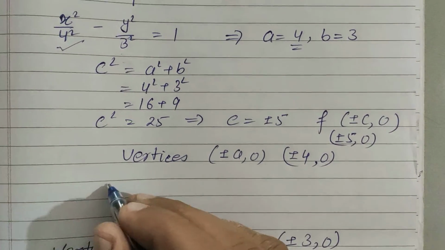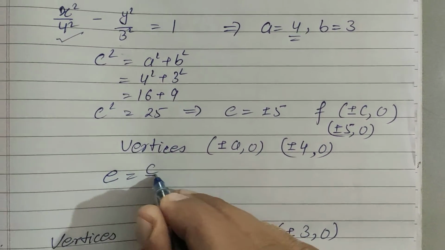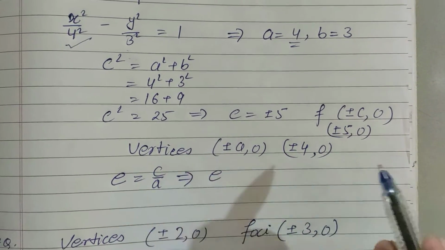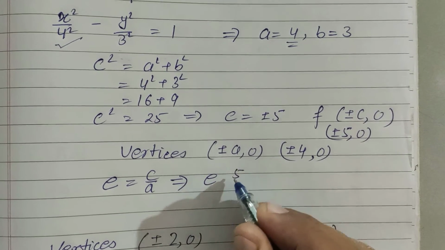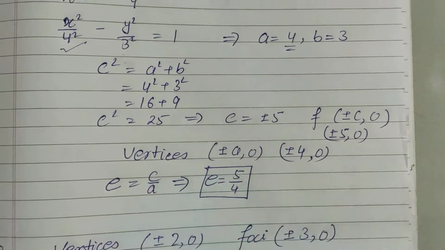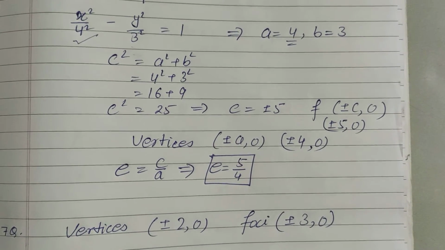Then we need to calculate the eccentricity. Eccentricity is c upon a, so e equals 5 upon 4.